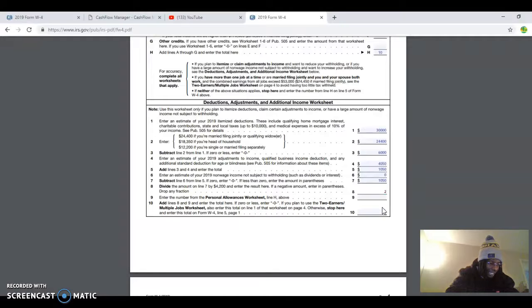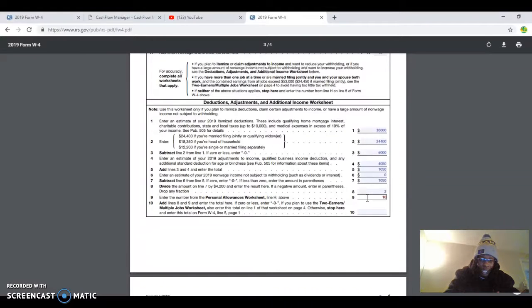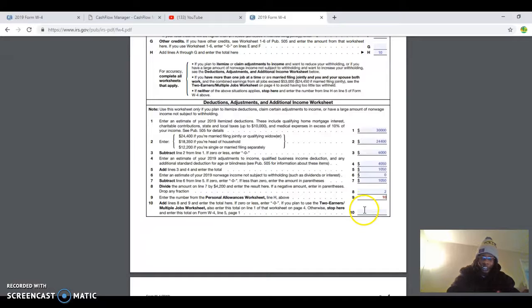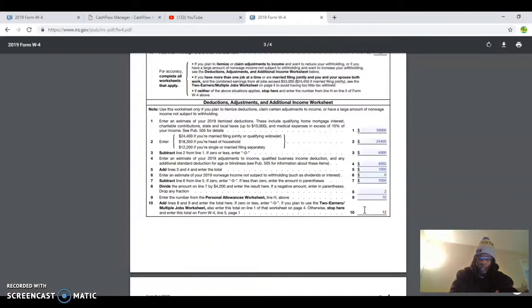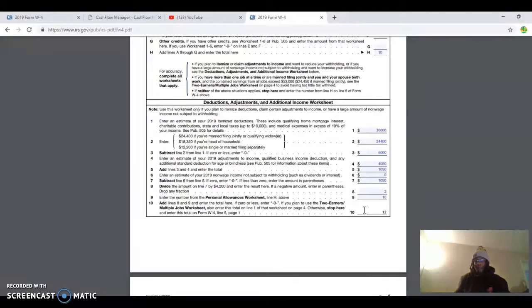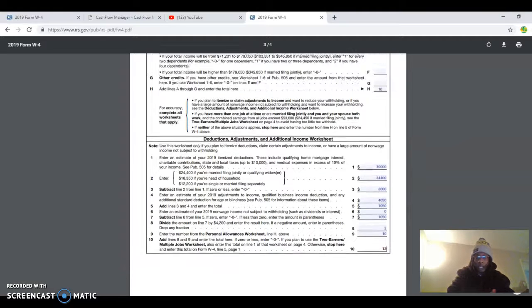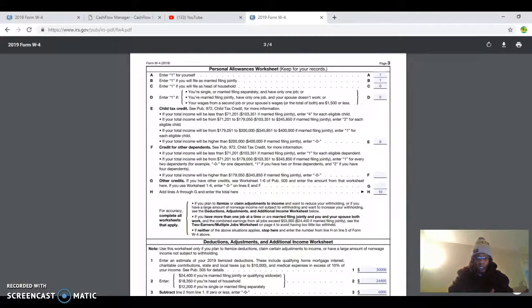Number 9 says enter the number for your personal allowance from line H. My line H was 10. That was my number. And then on line 10, you just add the 2 for your final number, 12. And if you have your new number on line 10, that replaces your old number in the front if all you did was the 10.